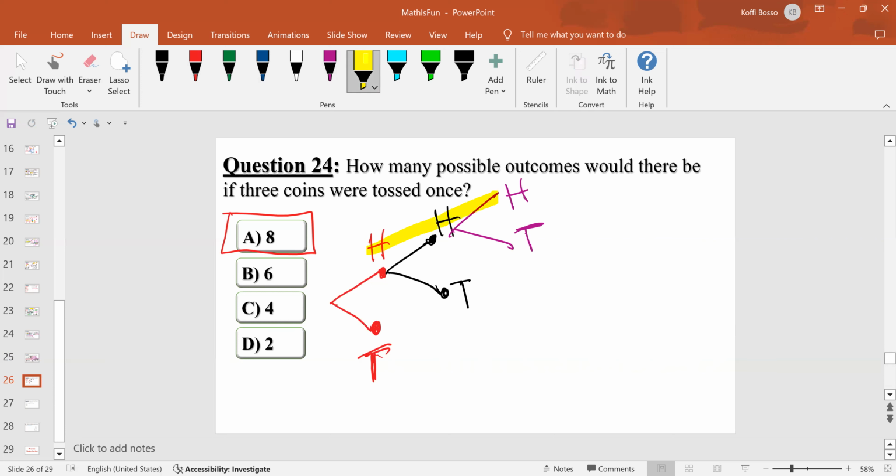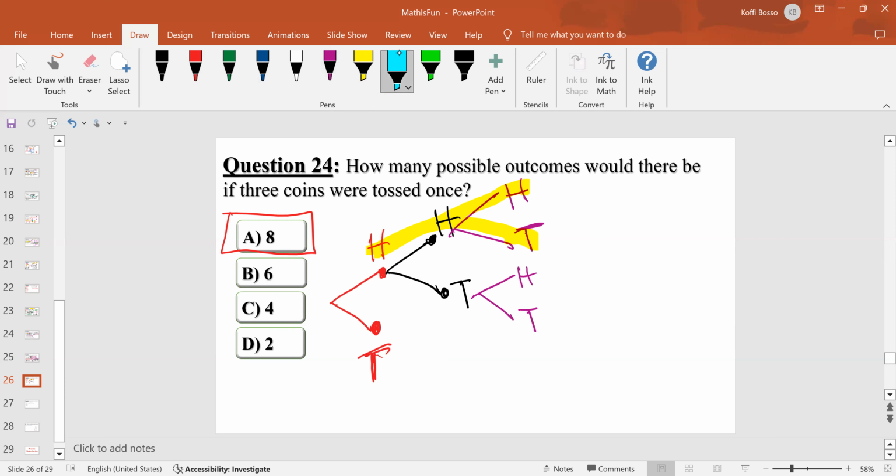So this is one possibility: you have a head, head, head. Or you have a head, head, tail. Now look, we don't finish yet. The other branch will be this. Here you can have again head or tail.